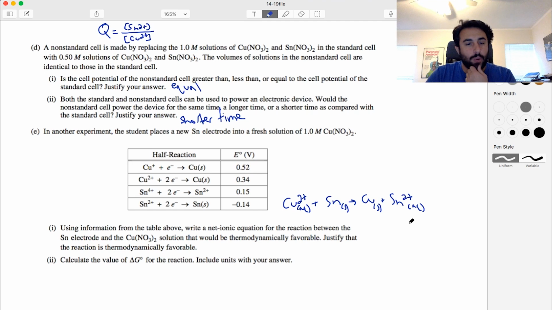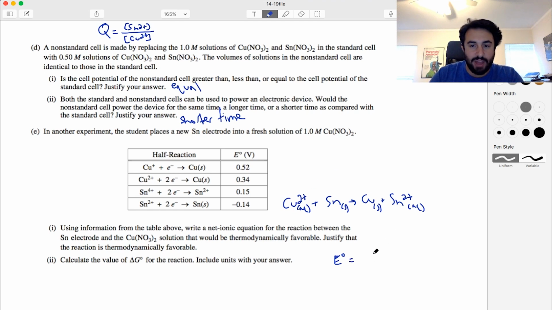And so now what we want to do is get the cell potential, right? The standard cell potential. And so what we understand here is that we've got copper 2 plus going to neutral copper. So right, E cell, we're going to take that one, that is the reduction.